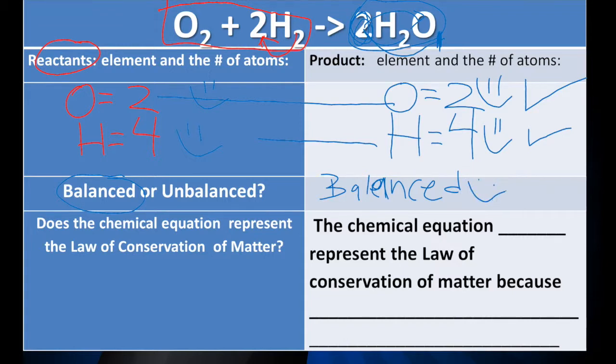And now we explain in a complete sentence. And in this case, to save time, I pre-typed it, but remember for you all, you'll be writing it. So yes, the chemical equation does represent the law of conservation of matter because the mass of the reactants are the same.